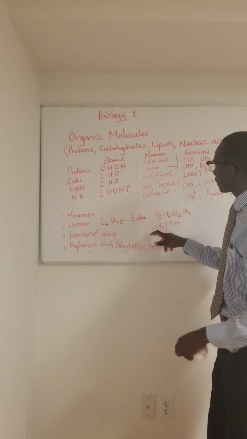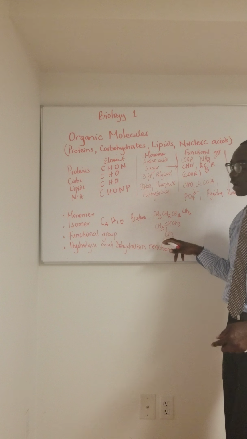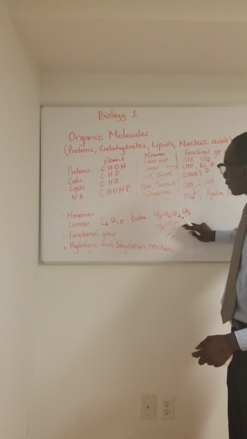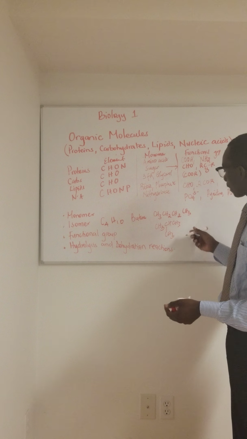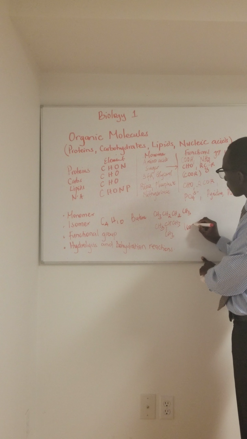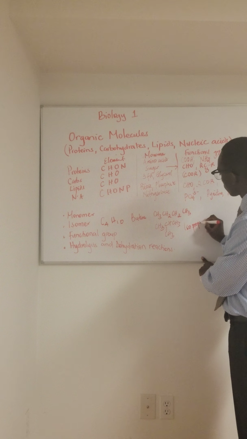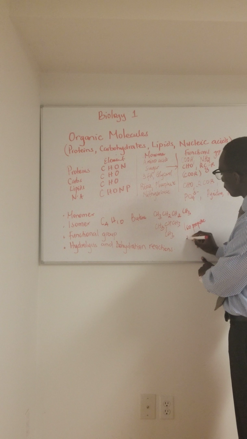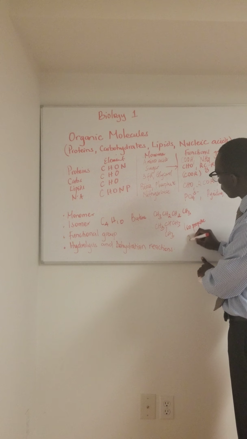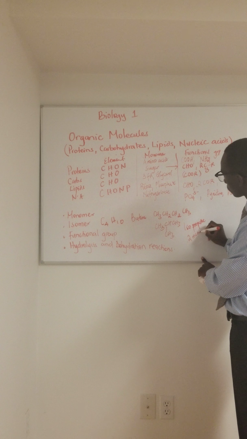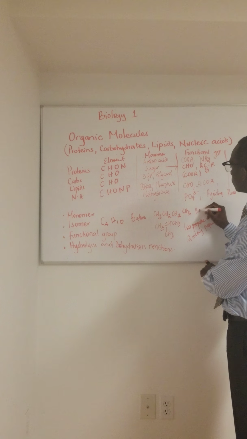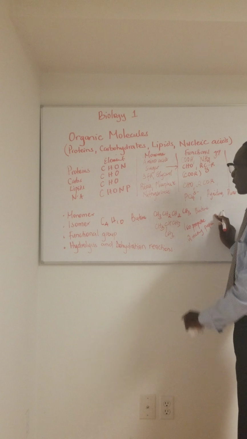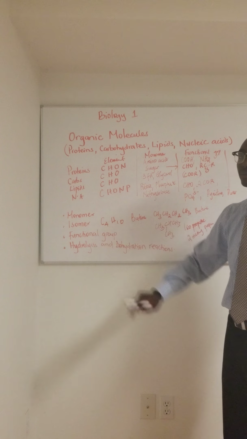I still have the same 4 carbons and 10 hydrogens, but I've branched this to get another compound. This is called isobutane, 2-methylpropane, and this is butane. So butane and isobutane are isomers.